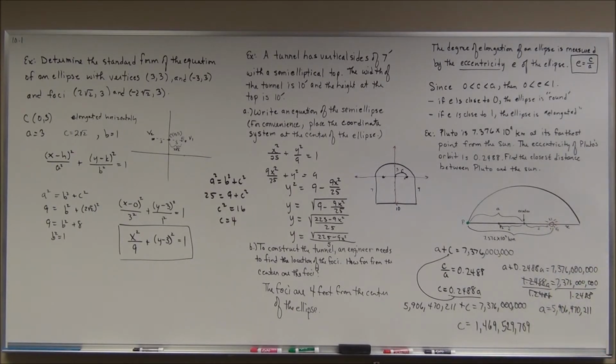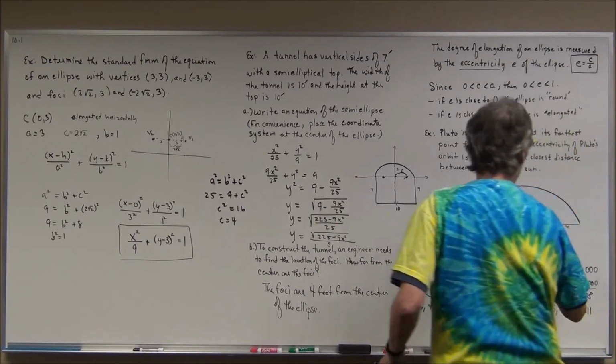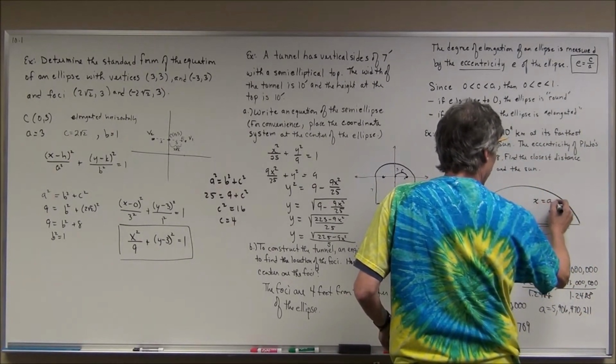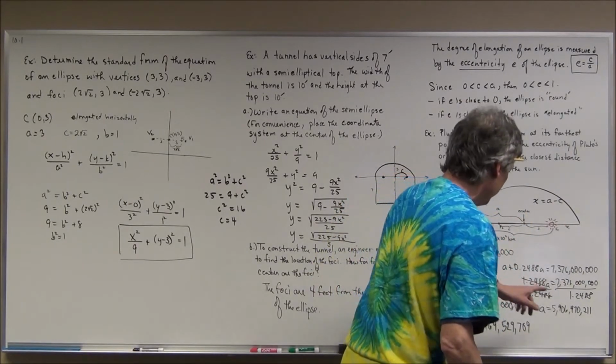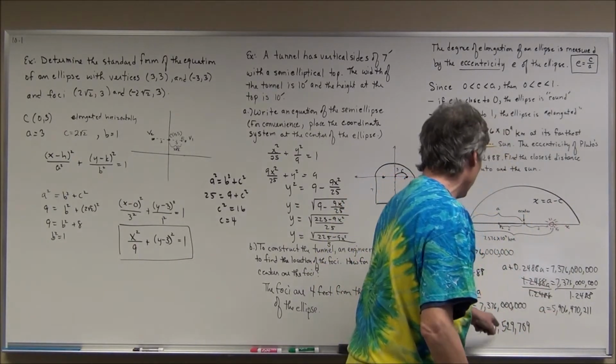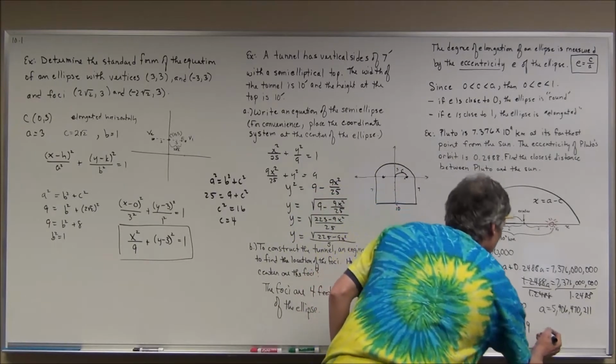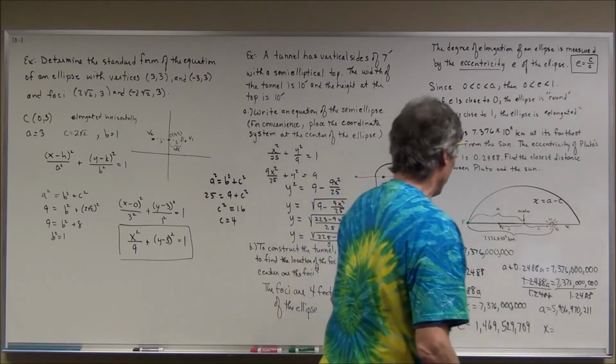Now that's still not my answer. My answer is x, which would equal a minus c, so I'm going to take this number and subtract this number to find x, and you'll just have to grab your calculator or your scratch paper.